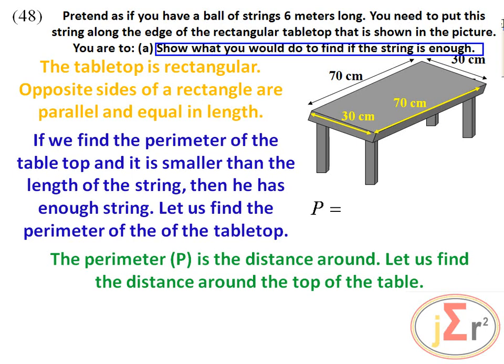So we start right there, 70 centimeters, and then what will be the next dimension? 30, plus 30, and then we plus 70, and then we plus 30. Right. And that is equal to 200 centimeters, Jerry.